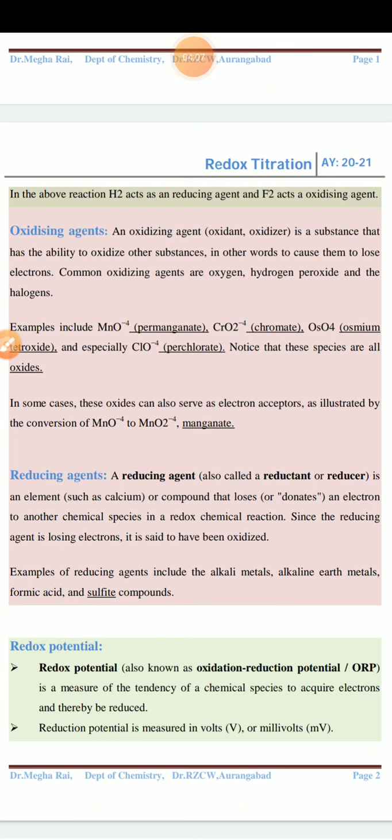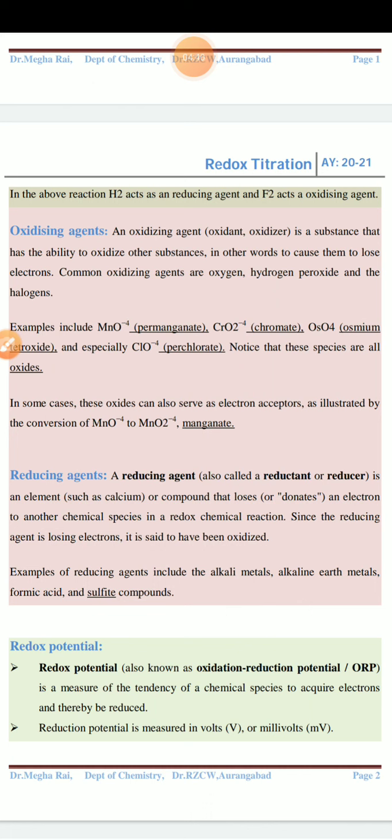Now, what are oxidizing agents, and what do you understand by the term reducing agents? An oxidizing agent is a substance that has the ability to oxidize other substances. Also we can say that they have the capacity to cause other substances to lose electrons.